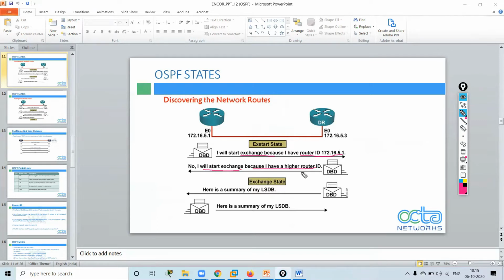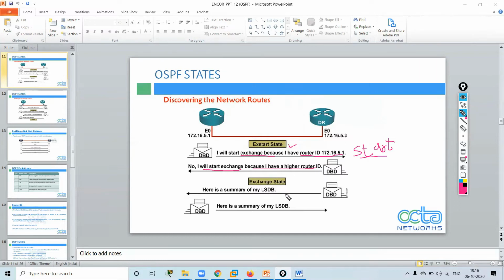So in this exstart state, they select who will start the exchange first. Here DR, BDR adjacencies are formed, and they select who will start the exchange first.